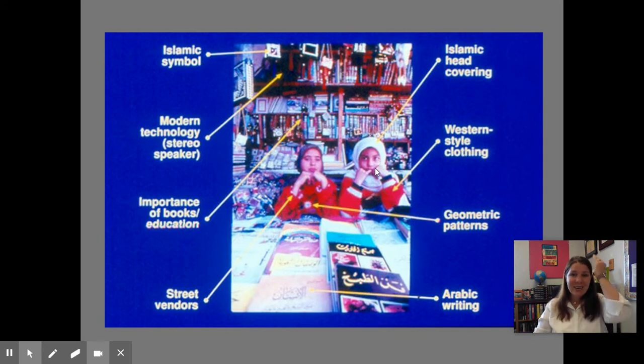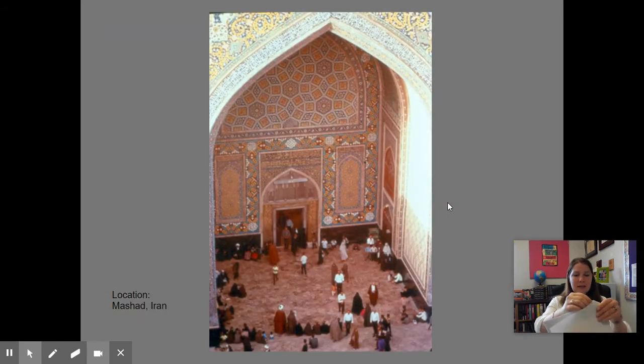We noticed that they are covering their heads as a sign of respect to God, but then they're just wearing normal American Western style clothes on the rest of their body. And then, of course, the stereo speaker shows you modern technology. And something that you'll see in a second is geometric patterns are very, very evident in Muslim or Islamic or Middle Eastern culture. Next slide.